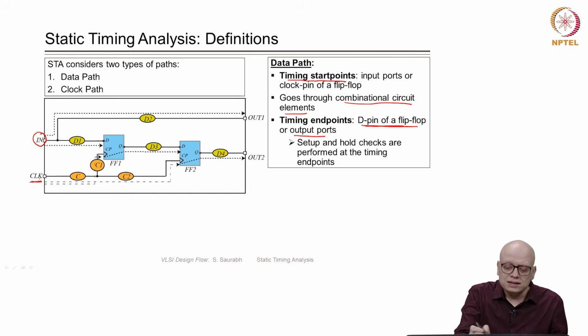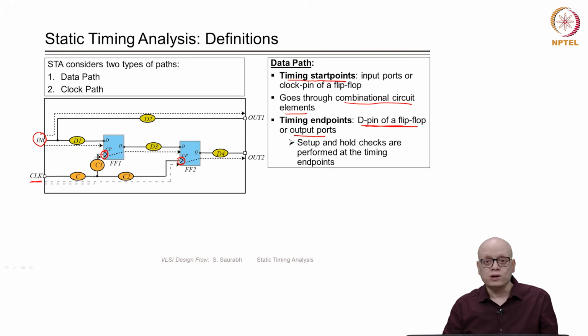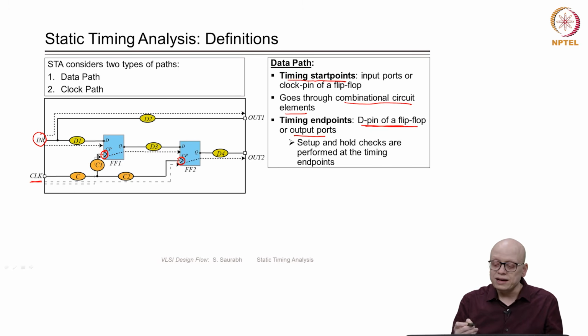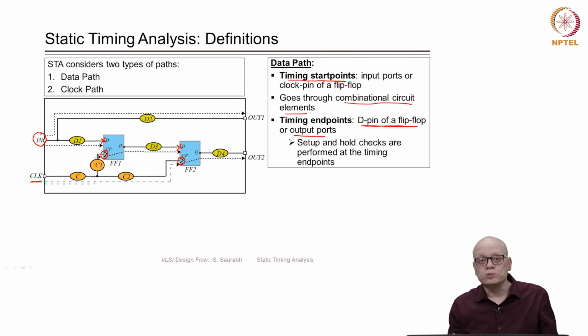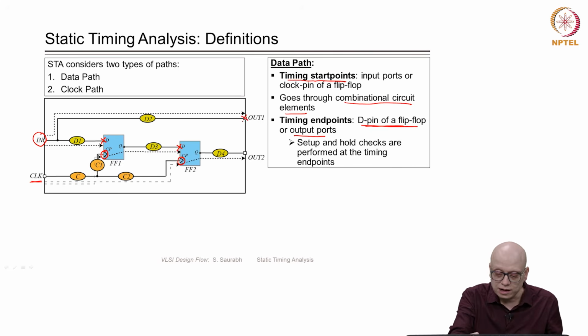Then there are the other timing start points, which are the clock pins of the flip flops, this one and this one. So, these are 3 timing start points. And what are the timing endpoints? The timing endpoints are the D pins of the flip flops and the output ports.